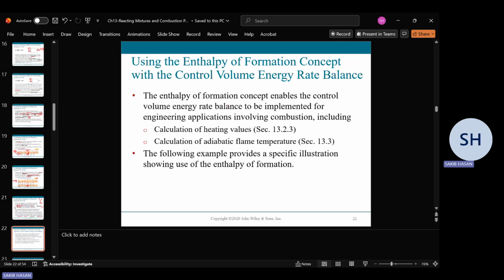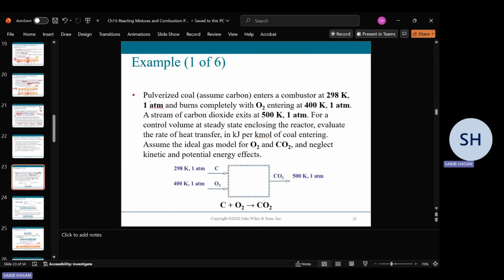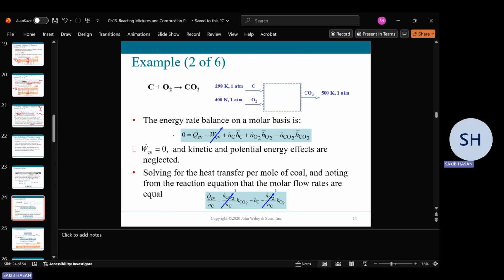And for this next part, we can quickly look through this example where they use this formula. As you can see, they first bring up the energy balance formula. And these n dots happen to be the molar flow rate, I believe.